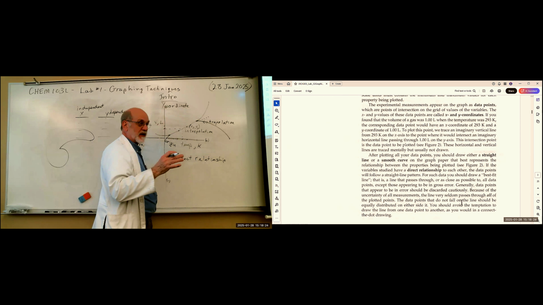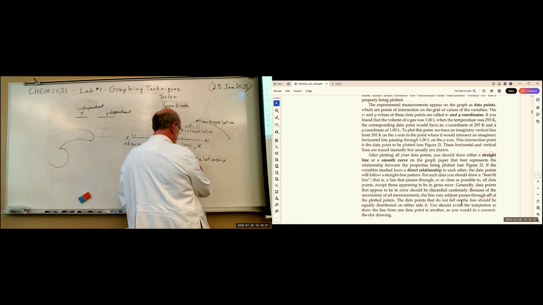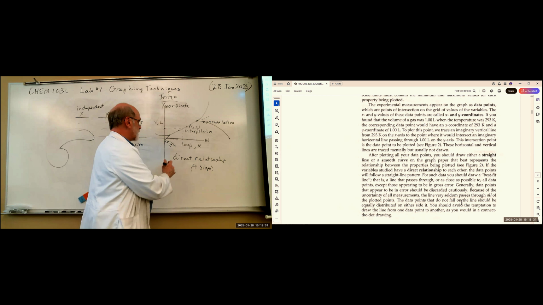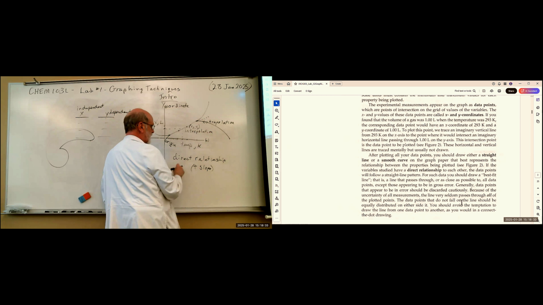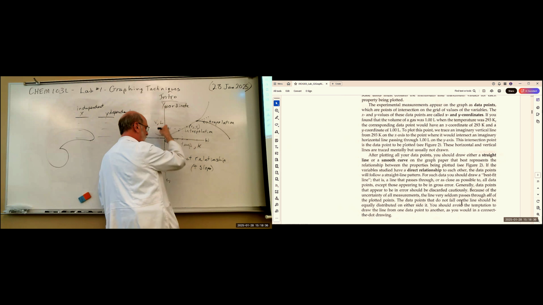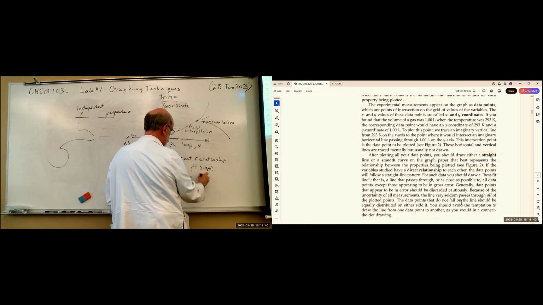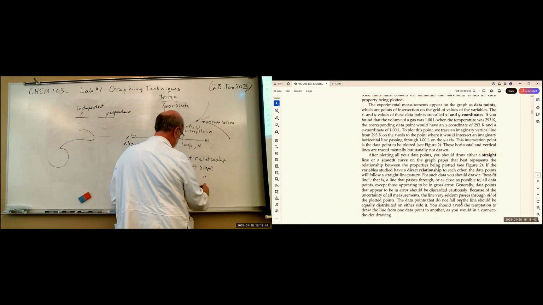And it's also shown in a straight line as a positive slope. Okay. If you get the line turned the other way like this, then as X increases, Y decreases. That's an inverse relationship. It will have a negative slope.